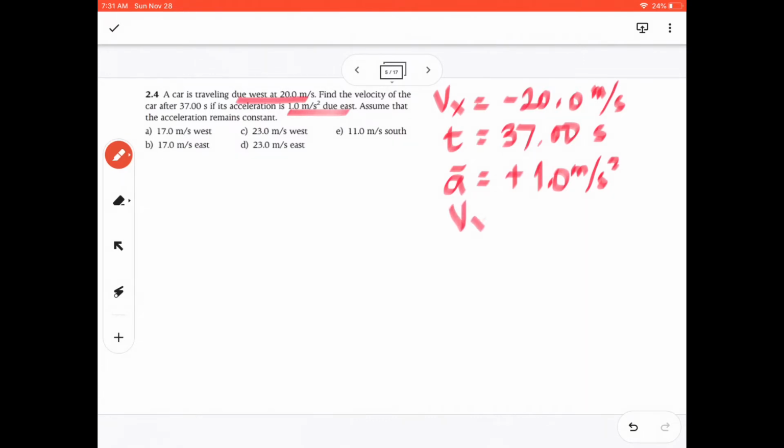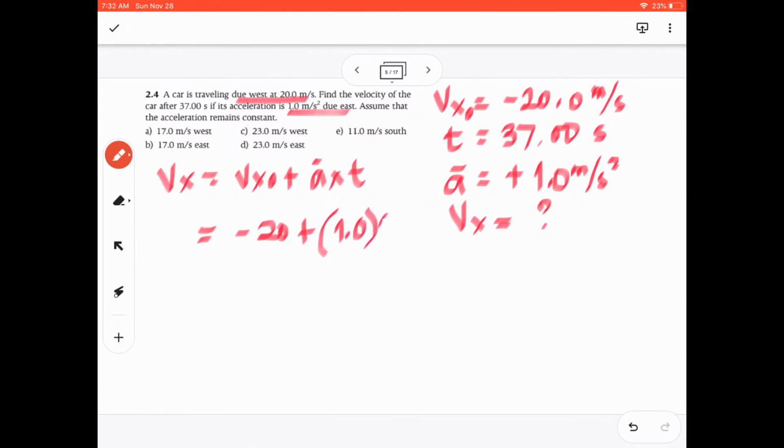Still, we are looking for Vx. This is initial velocity, this is final velocity. Still, we're going to use the equation Vx is equal to Vxo, initial, plus Ax, acceleration along the x-axis, times time. So substituting, Vxo is negative 20 plus A is positive 1.0 multiplied by 37 seconds.